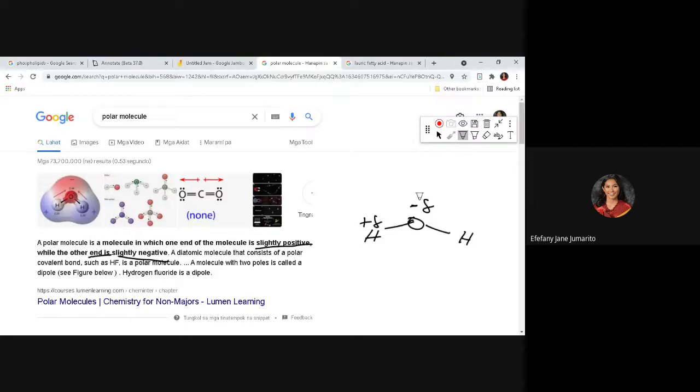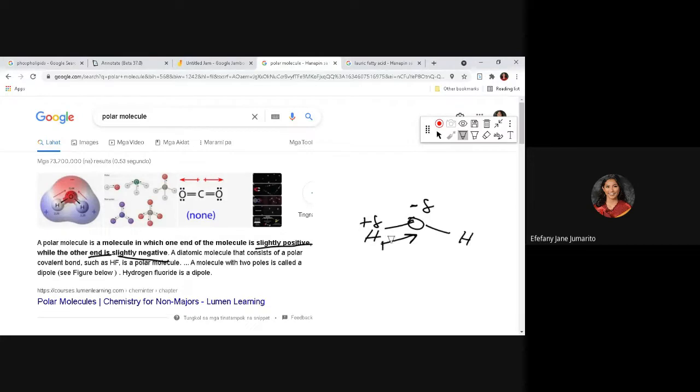Positive and then negative, then what will happen? It will attract, just like a magnet, north and south. Then the direction of the energy will go to the one that has greater electronegativity, the one that is stronger in pulling.